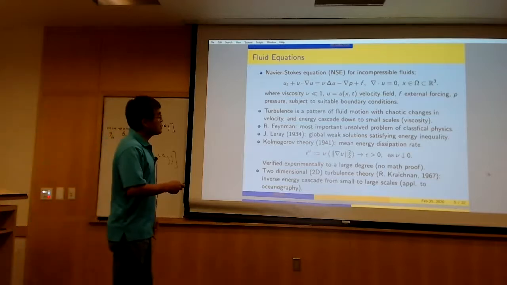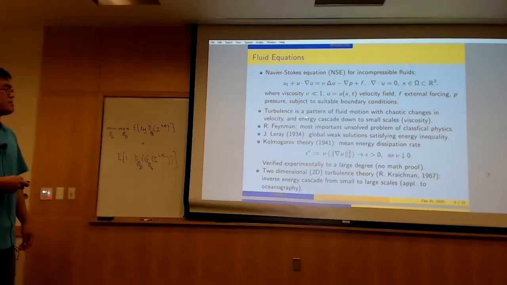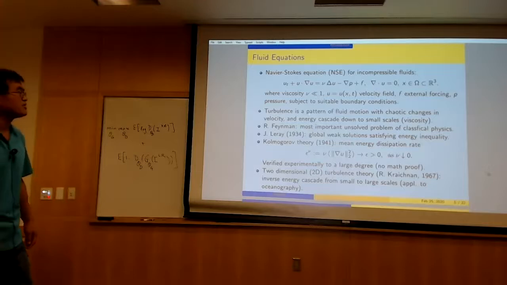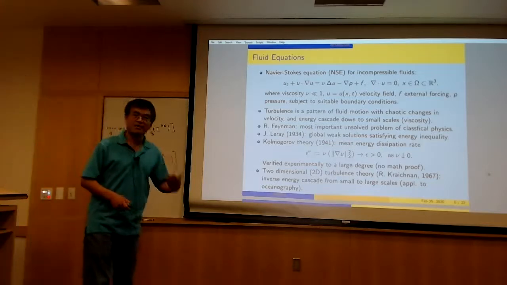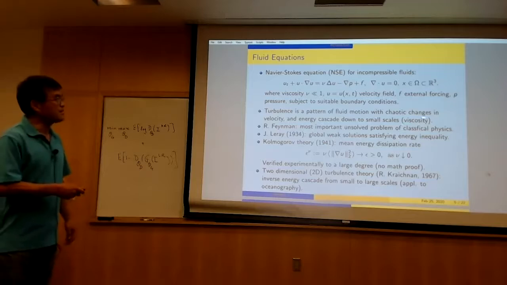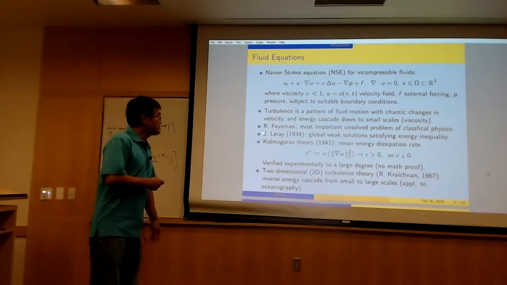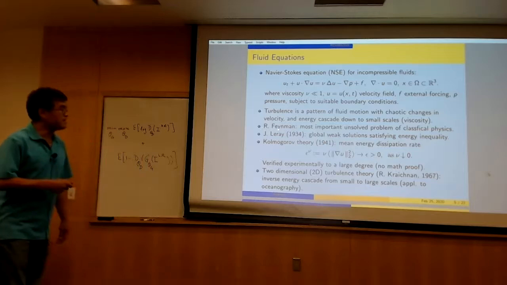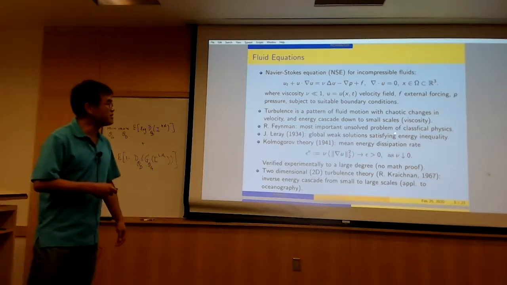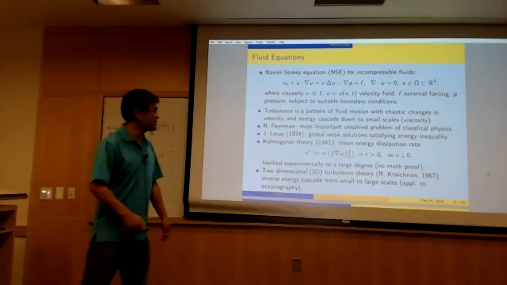Okay, so here's one simple way to define turbulence: a pattern of fluid motion with chaotic changes in velocity, energy cascading down to small scales, down to the scale essentially of that order. Okay, so a well-known physicist, Feynman, said turbulence is the most important unsolved problem in classical physics.